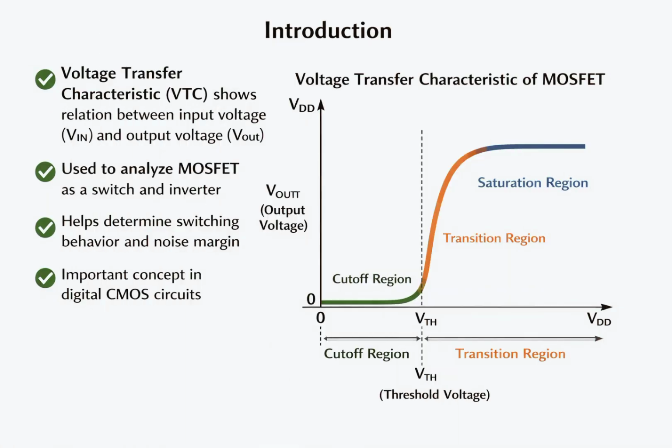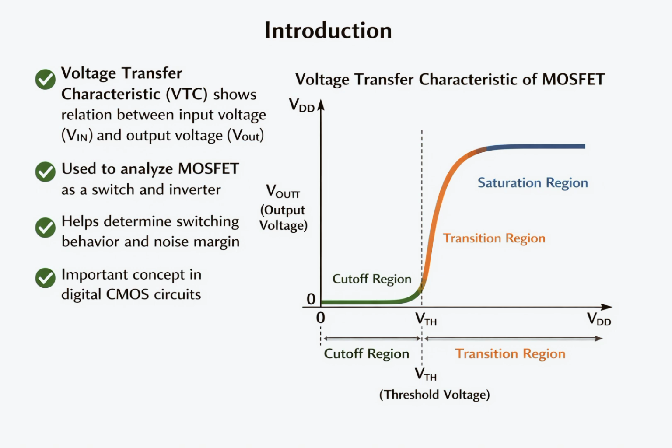Introduction. Voltage transfer characteristic, commonly known as VTC, represents the relationship between input voltage and output voltage of a circuit. For a MOSFET inverter, the input voltage is applied at the gate terminal and the output voltage is taken from the drain terminal.